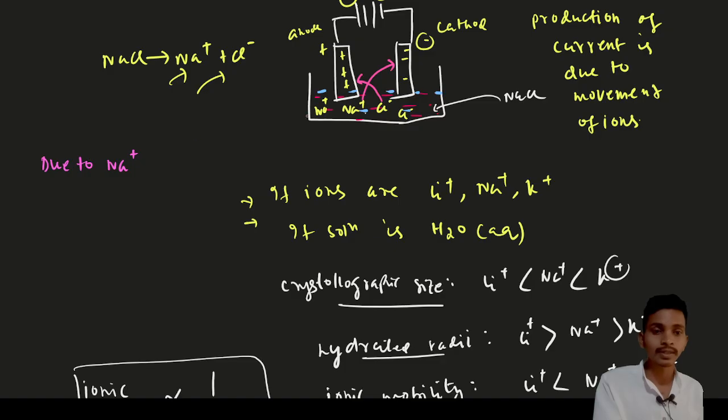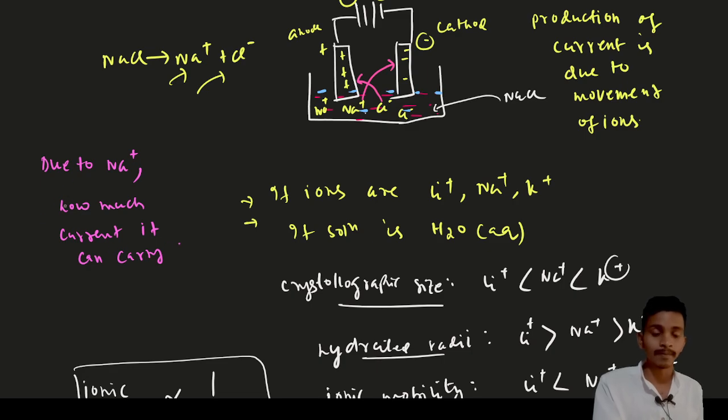Transport number means how much current is generated due to individual ions. Due to individual Na plus ions, how much current they can carry, that is called the transport number.